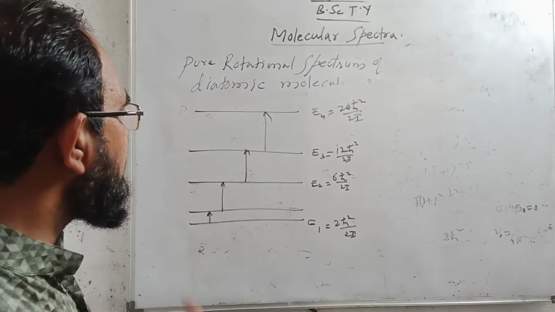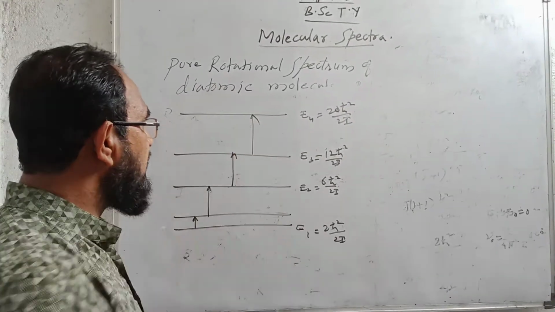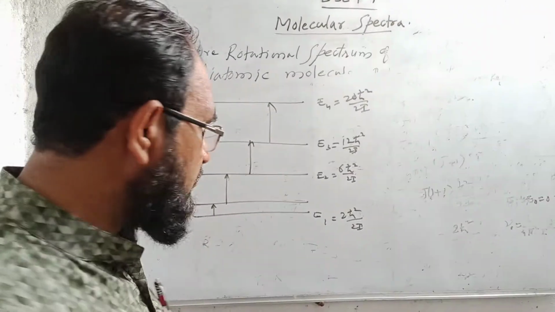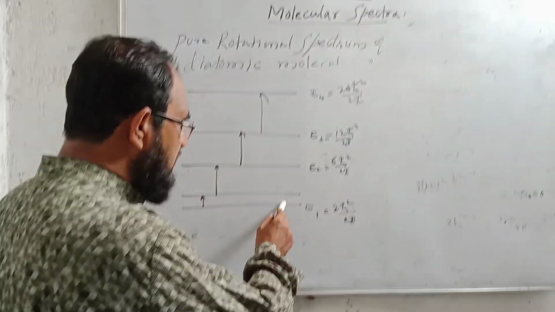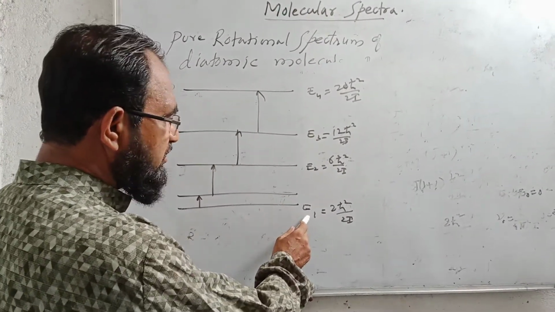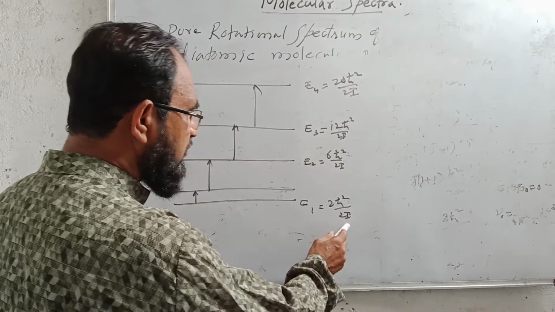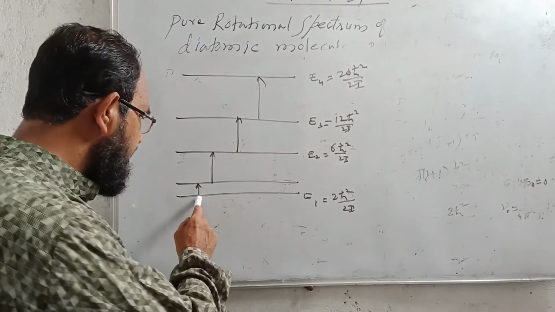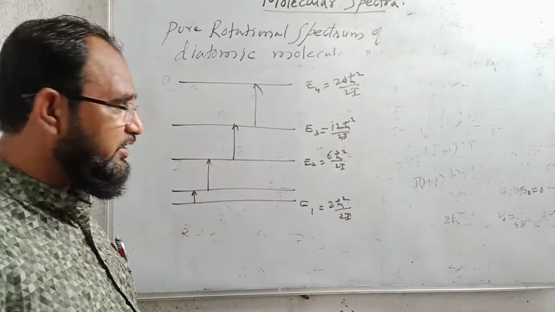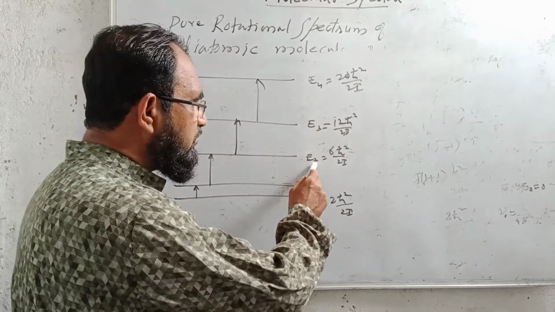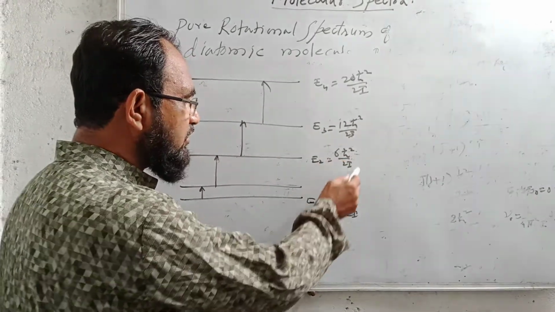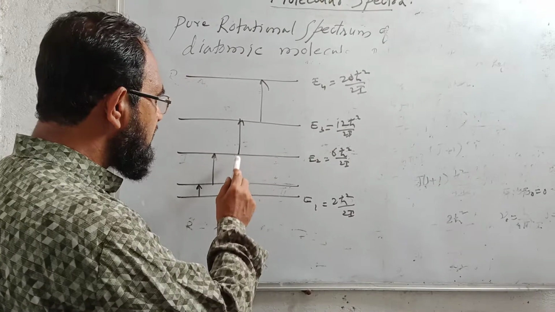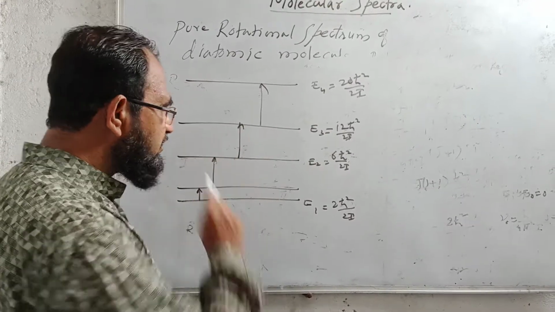So this is the energy level diagram for the rotational spectrum of a diatomic molecule. For energy level number 1, we found the energy E1 is equal to 2 h cross square upon 2I, which means a jump from the lower to the higher state. E2, when I put j equal to 2, is 6 h cross square upon 2I, from the second to the higher state.